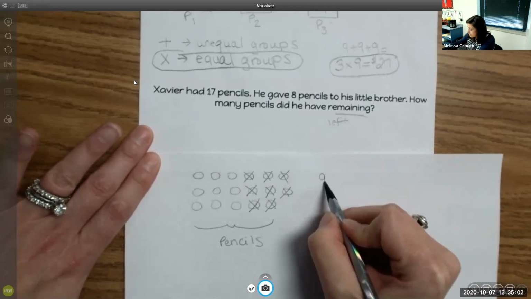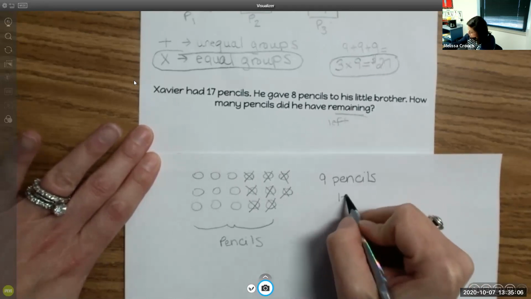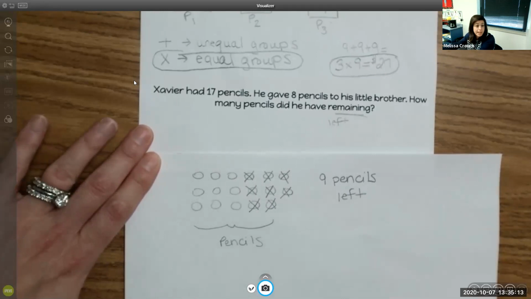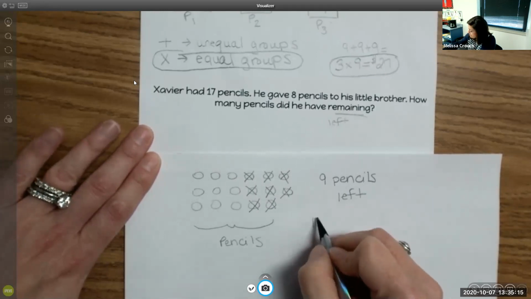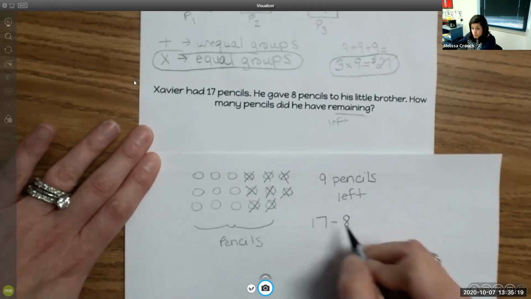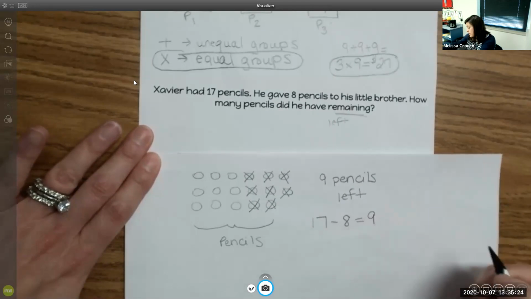I had 9 pencils left. Can I show that in a sentence? I had 17 pencils. I gave away 8, so we're subtracting, and I had 9 pencils remaining. Okay.